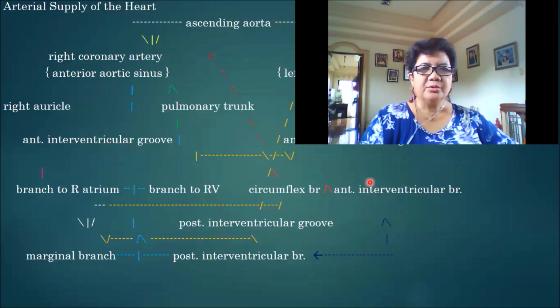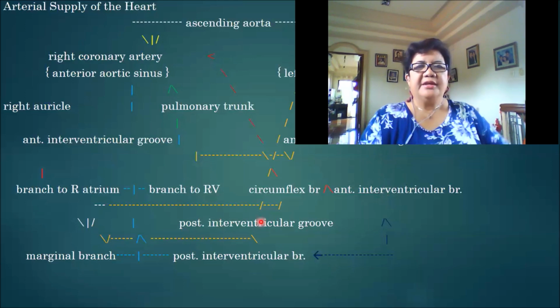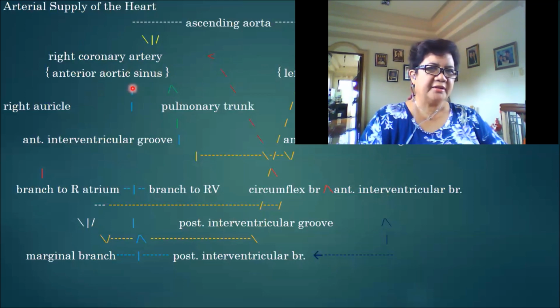So the anastomosis is between the branches of the right and left coronary arteries. There is no direct anastomosis between the right coronary and the left coronary artery. It will anastomose with a branch of each other.